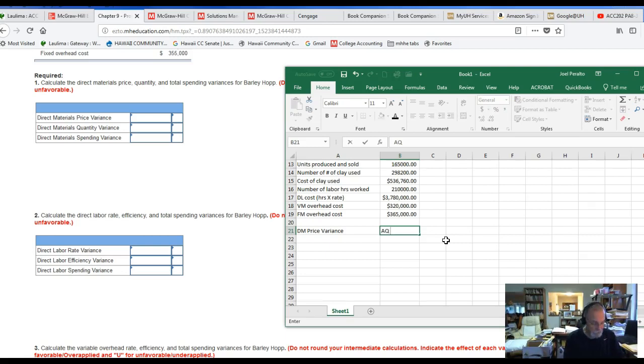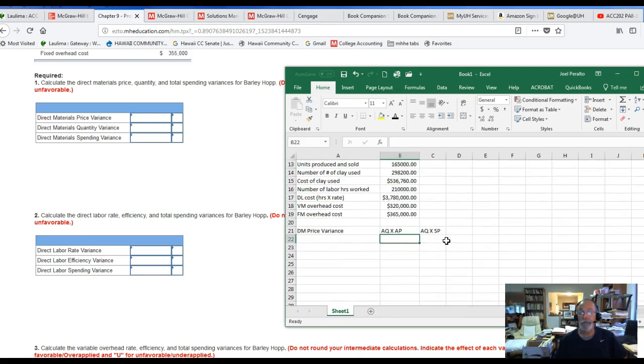And we compare it to actual quantity times standard price. And the difference between these two calculations gives us our price variance.